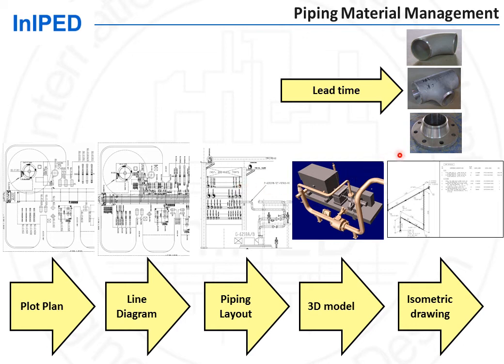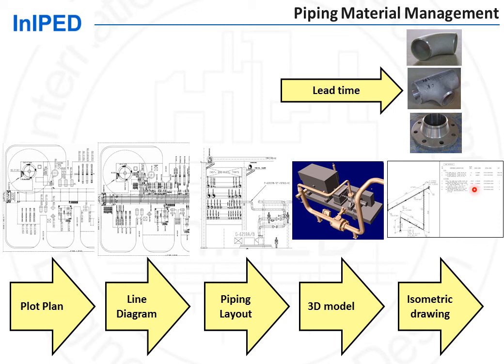Piping materials are required at site at the same time as construction drawings. Piping materials require anything from 2 months to 8 months from order to ex-works delivery. Therefore, they cannot be ordered on the basis of the bill of material shown on the construction drawing, on the isometric drawings.